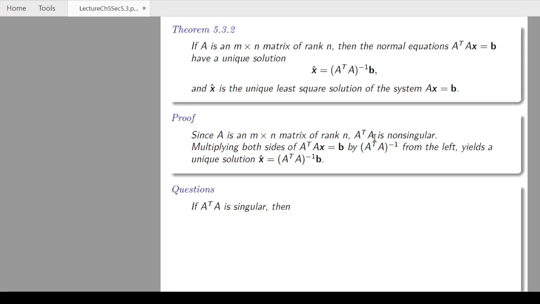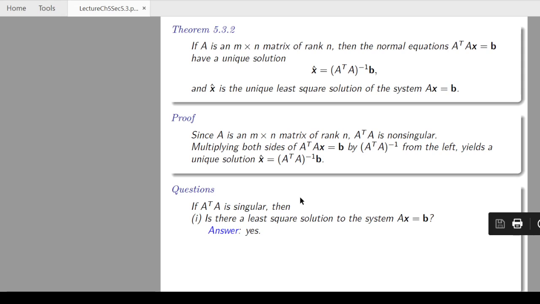Then we need to consider the opposite. The opposite is if we have the case where the transpose of A times A is singular. Then the first question is: is there a least square solution to the system Ax equals b? The answer is yes. That's actually what we said earlier, we can have a least square solution.